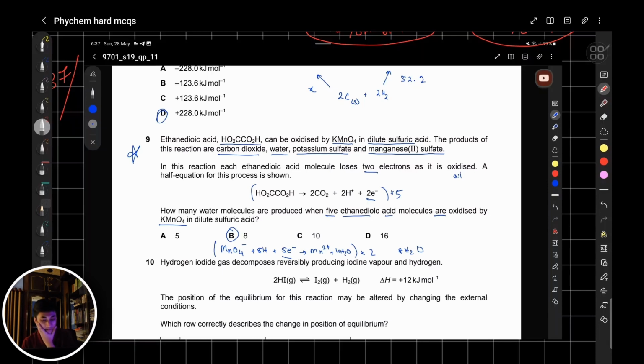In this reaction, each ethanedioic acid molecule loses 2 electrons as it is oxidized. A half equation for this process is shown. How many water molecules are produced when 5 ethanedioic acid molecules are oxidized by KMnO4 in dilute sulfuric acid?